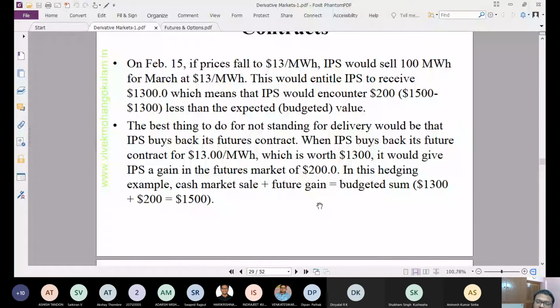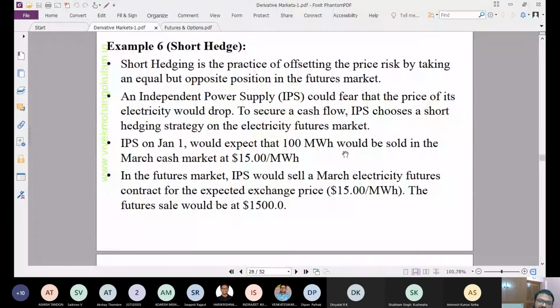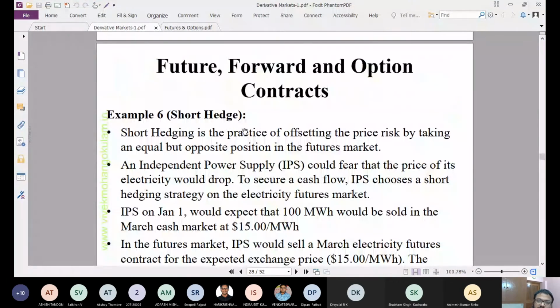But when buying back the future, at that time $13 is the only amount. So $1,300 is what is paid, but $1,500 he already got. So a $200 gain is there in the financial market. So that is what is known as short hedging. This position of the participant is known as short hedging.